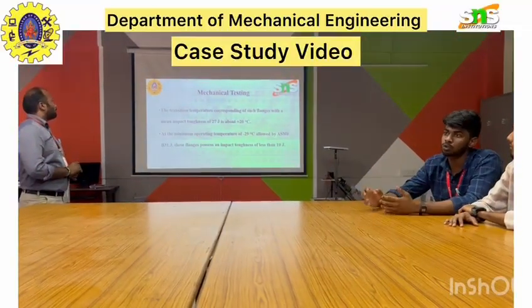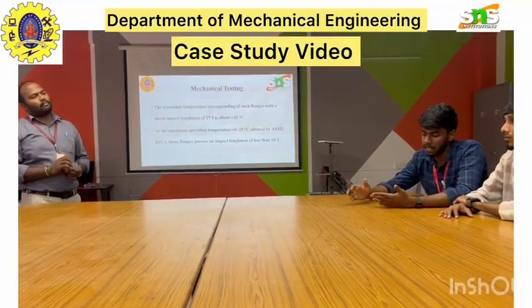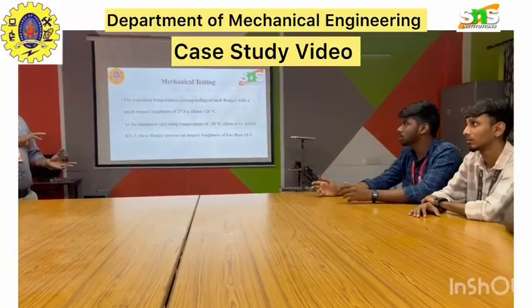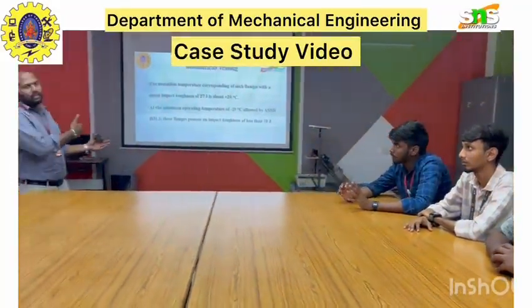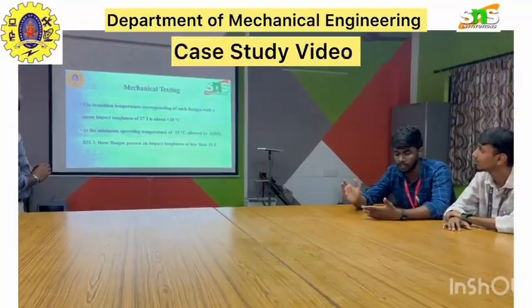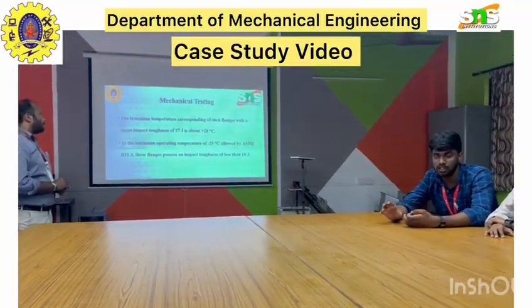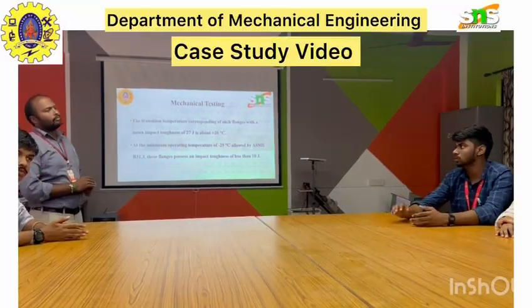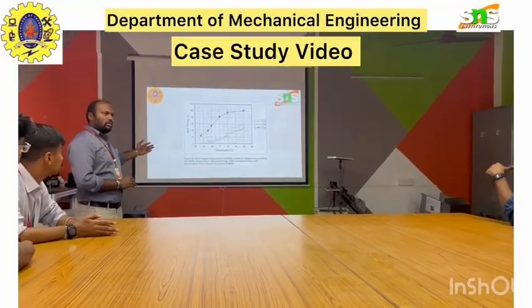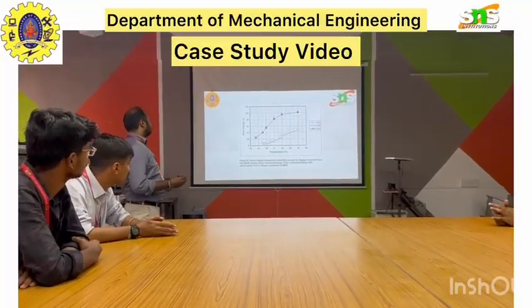We have 27 joules minimum at 20 degrees Celsius. At the minimum operation temperature of minus 29 degrees Celsius, it is 10 joules. So this is our mechanical testing, and we have found both these data. Next.